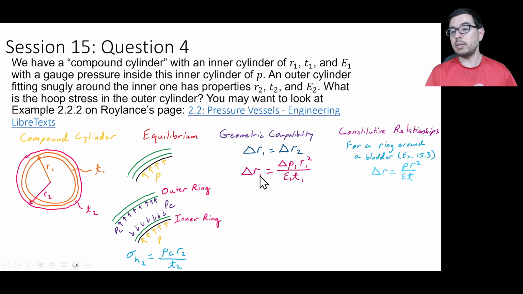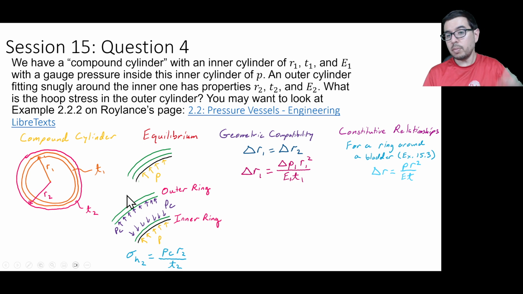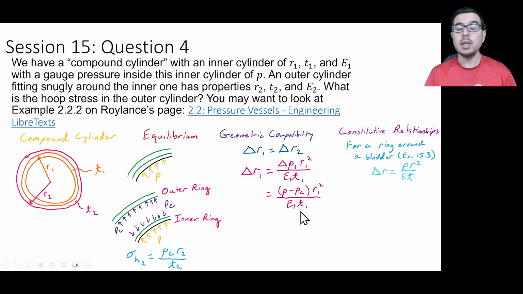This is just the definition of a gauge pressure, and we could have put P1 here if we wanted. But this is the gauge pressure for this inner ring, and it's not the gauge pressure between this P and the outside. It's just the difference of pressure acting on this ring. So it's going to be P minus PC. And once again, we're just copying that part of the relationship.